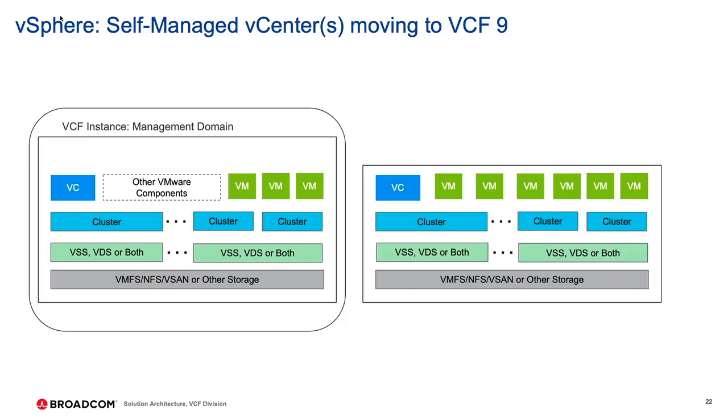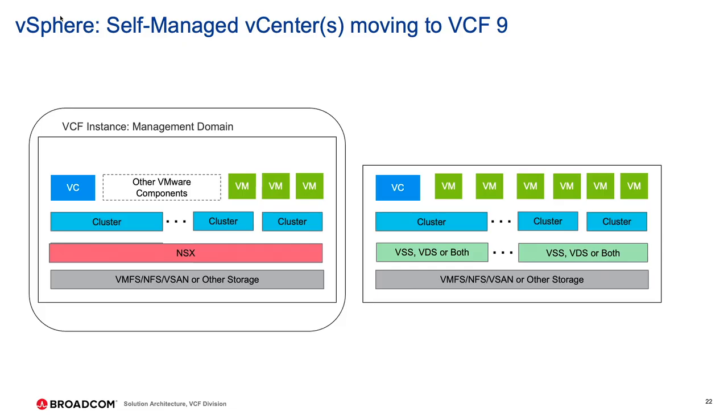Because we're thinking about VCF as the overall private cloud itself, we want to make sure that you have NSX. Even if you don't want to use it, you have it, and it gets installed behind the scenes so that it gives you the networking capabilities that you might require for subsequent workloads.